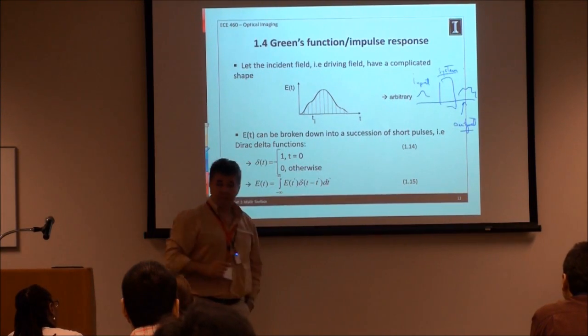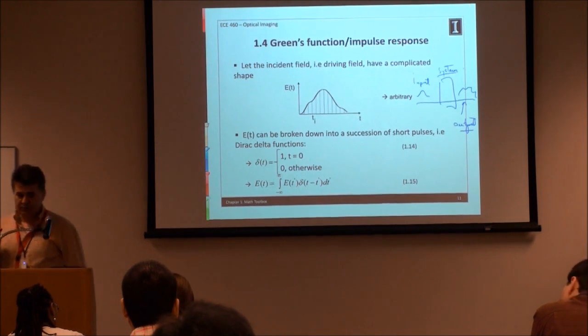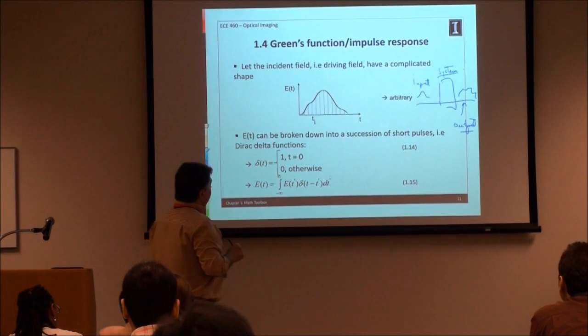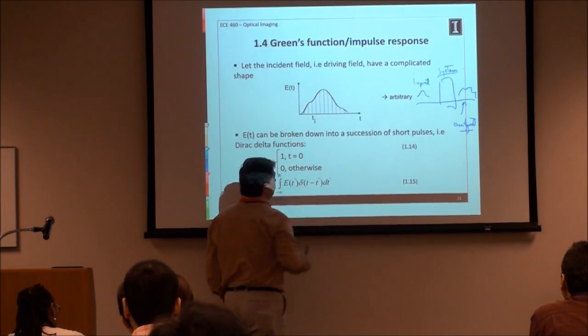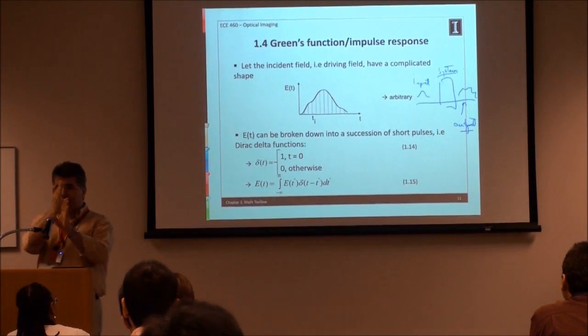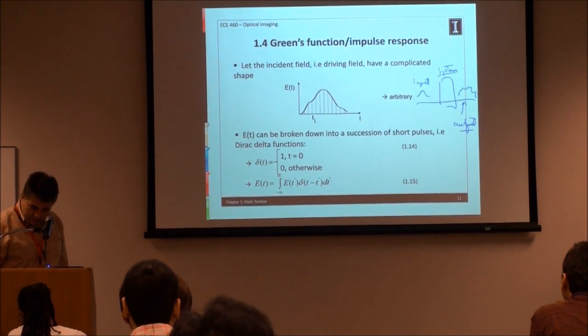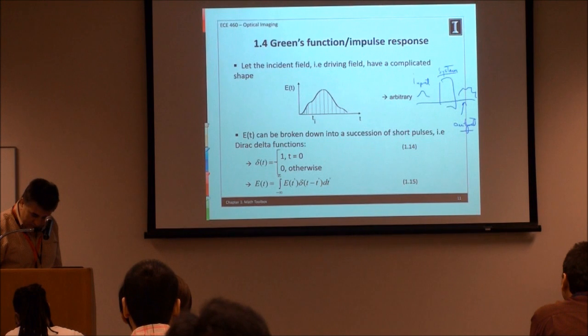Now, there is a very important mathematical result that tells me that I can express any function basically as a summation of delta functions. Which basically says, kind of intuitively, that I can break this continuous function into these discrete bits. Right? It's like digitizing a signal.